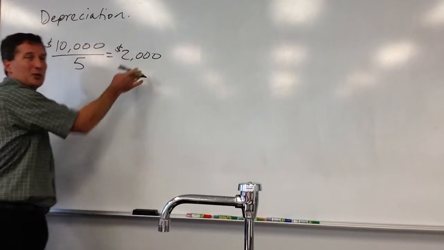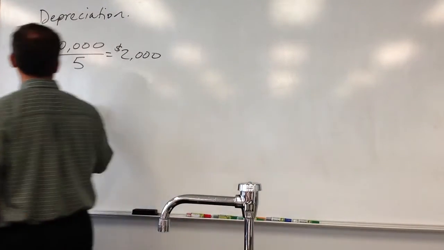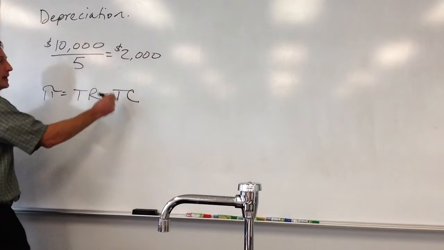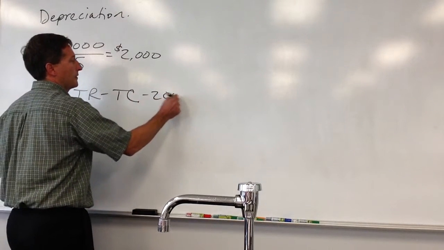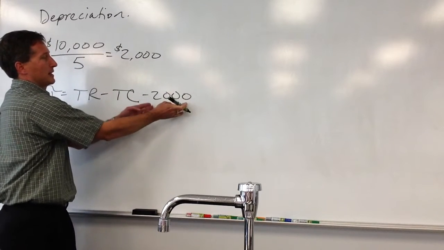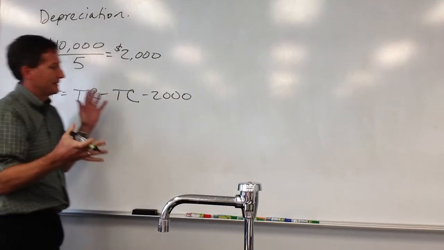You get to claim a $2,000 expense on your profits. So if profits equal total revenue minus total cost, the IRS is going to allow you to subtract off this kind of fake expense in a way. It makes your expenses a little bit bigger and lowers your taxable profit. So that's the game.